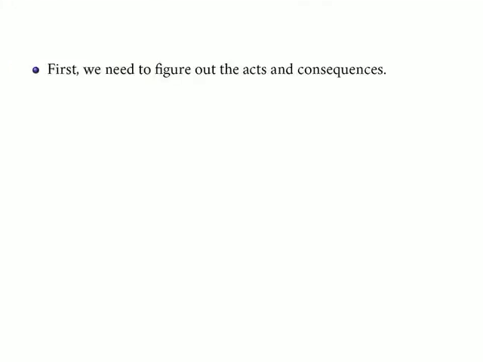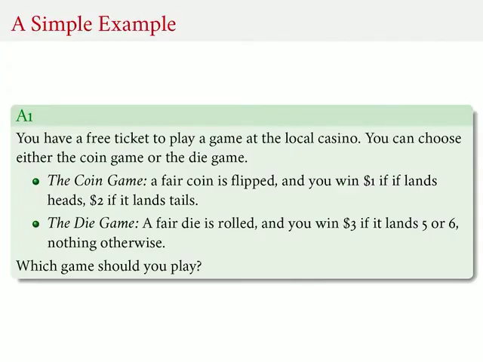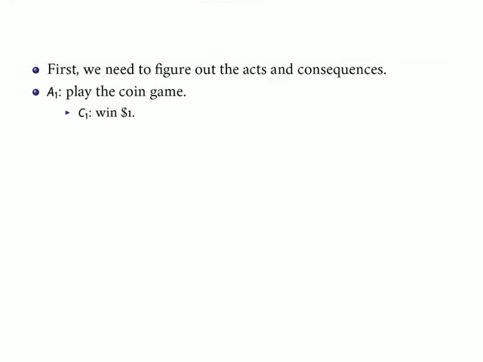So here's what our expected monetary value calculations are going to show us. The first thing is we have to figure out how to formalize the acts and consequences. So A1, let's say, is that you play the coin game. The first consequence of playing the coin game is that you win $1, and that's a case in which the coin lands heads.